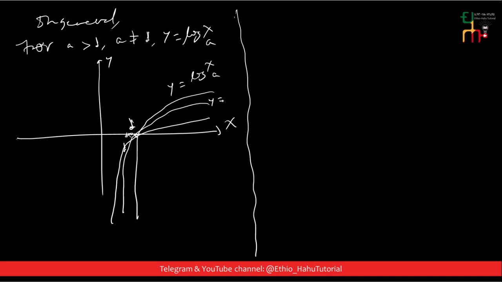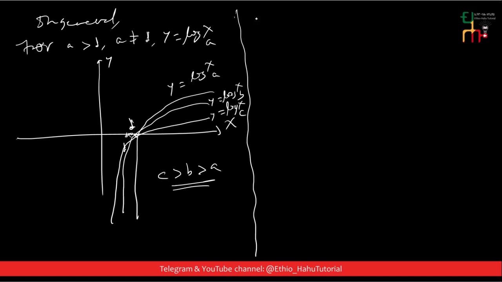This one is y is equal to logarithm of x to the base b, and this one is y is equal to logarithm of x to the base c. In this case, since this graph is closer to the x-axis than these two graphs, c is greater than b, which is greater than a.